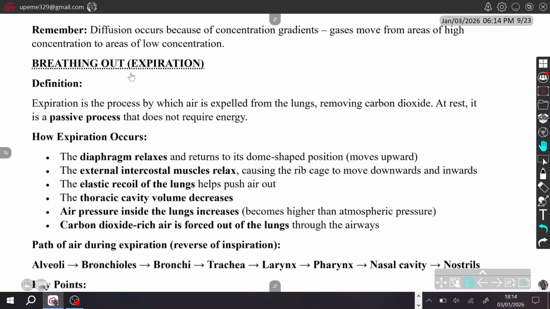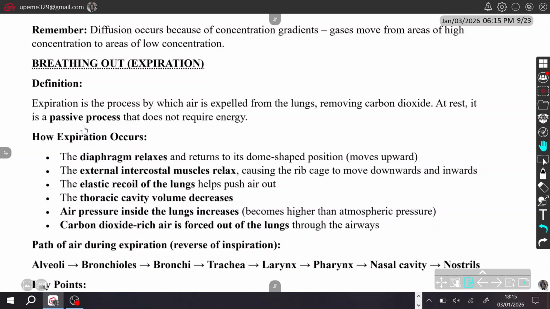Expiration is the process by which air is expelled from the lungs, removing carbon dioxide. At rest, it is a passive process that does not require energy. So this one doesn't require energy.